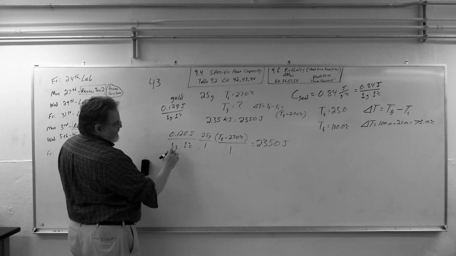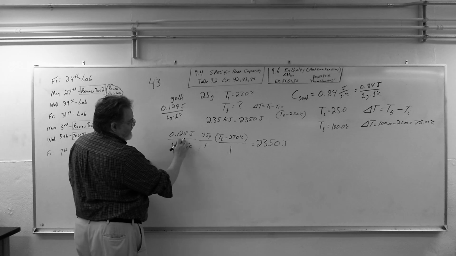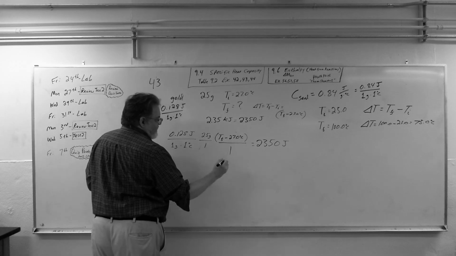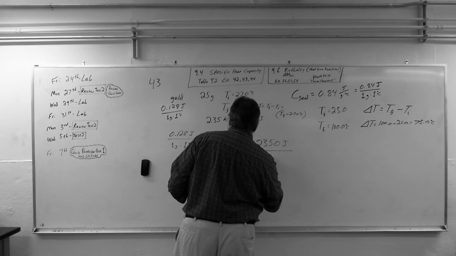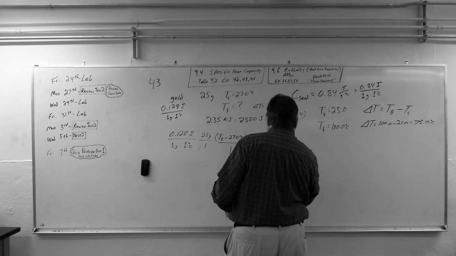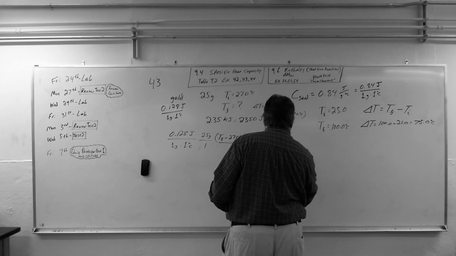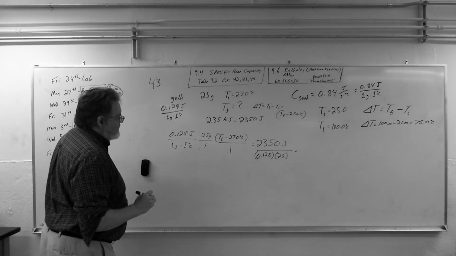How would I do this? Divide both sides by 0.128 and divide both sides by 25. Units.